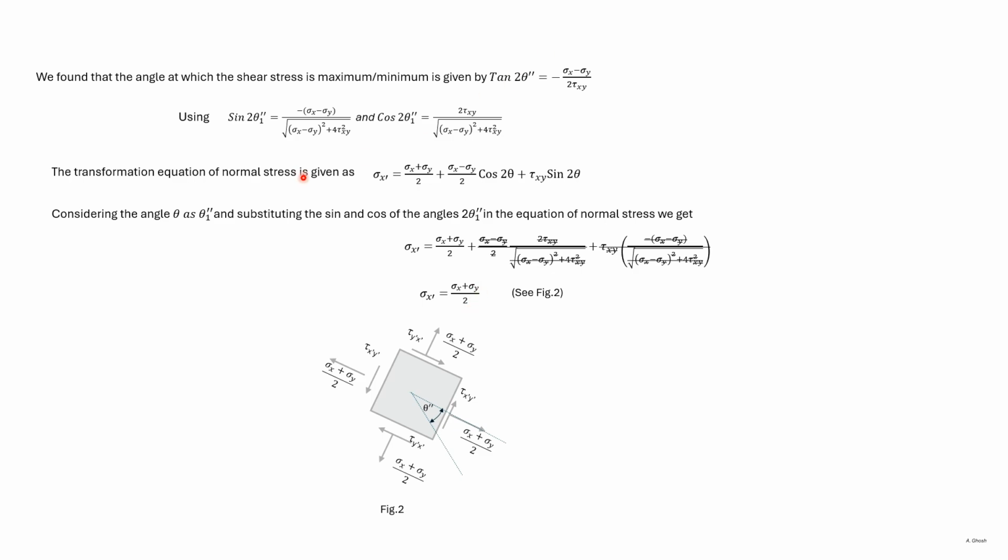If we had used the expressions for theta double dash 2, then we would have got the same expression for sigma x dash. So the normal stress associated both with the maximum and minimum shear stress is sigma x plus sigma y divided by 2.